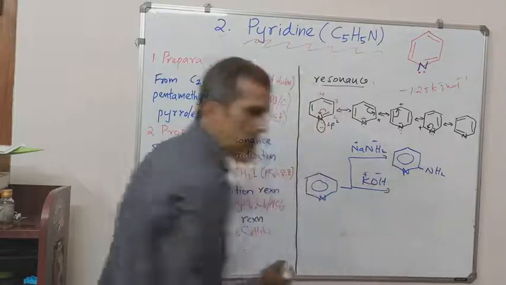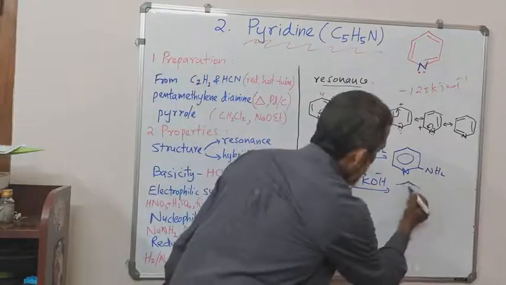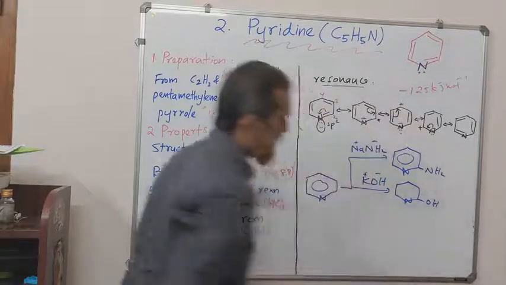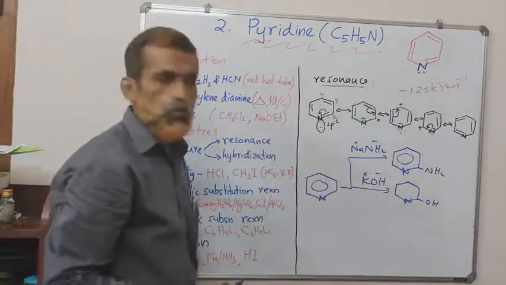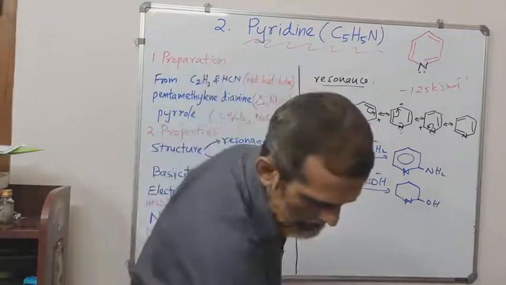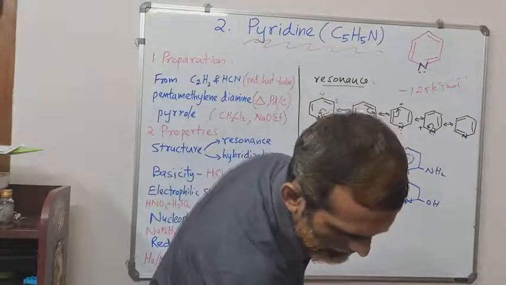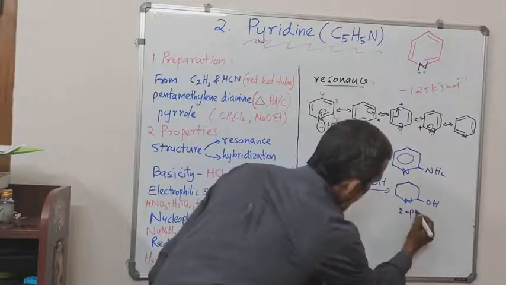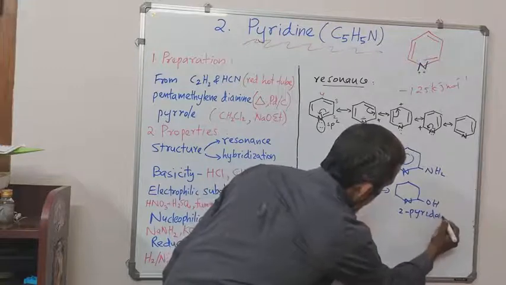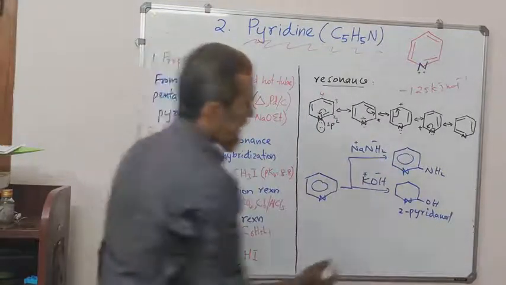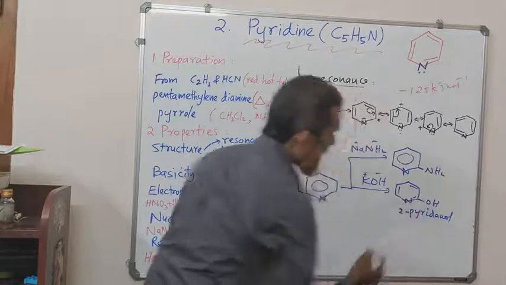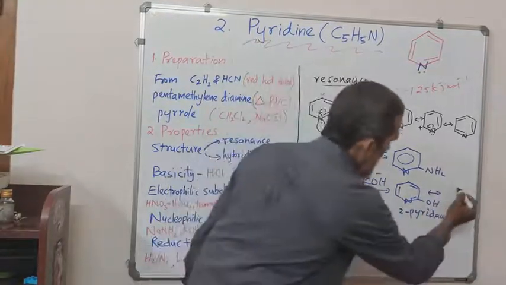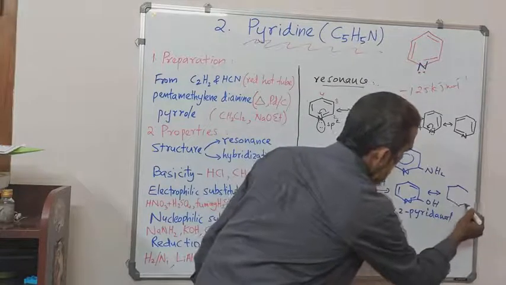The next one is treating with KOH, potassium hydroxide. So the nucleophile is OH minus. What do you get? You get 2-pyridinol, isn't it? And this one undergoes tautomerization, giving a structure like this.